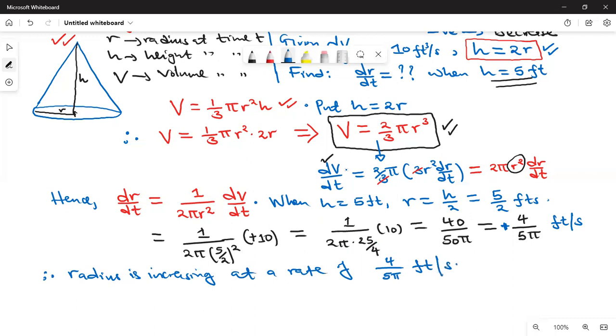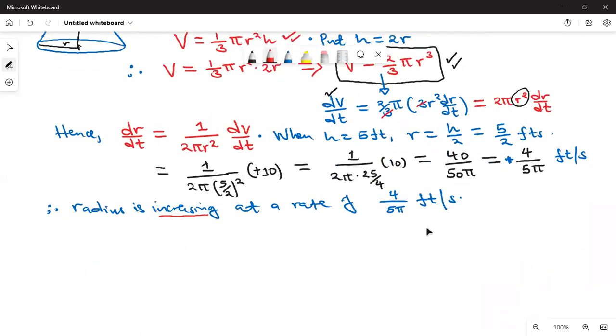Remember, it is increasing because the sign there is positive. Our value is positive. That's why it is increasing. So you see how this question is very simple. Let me give you another one that is also very, very easy.